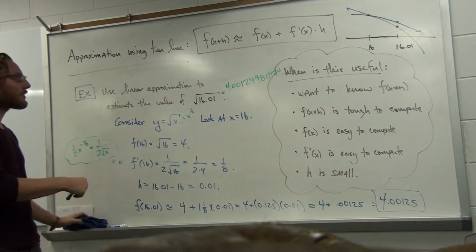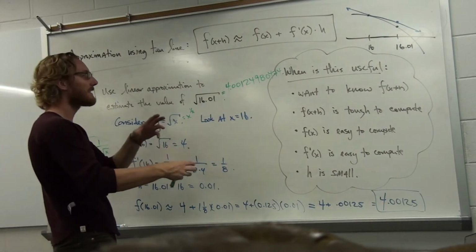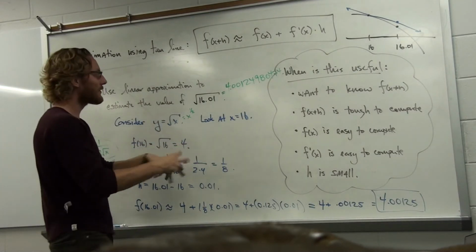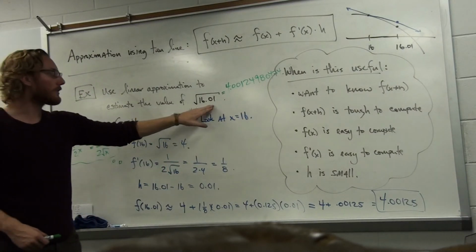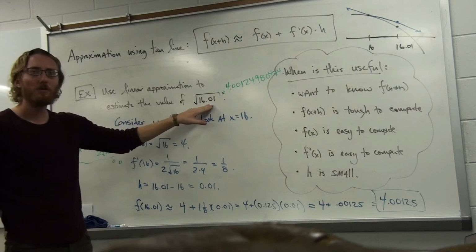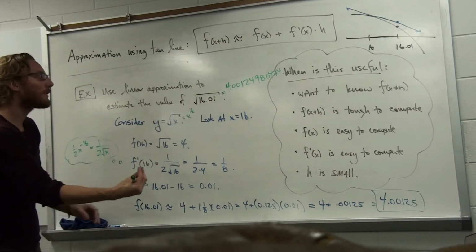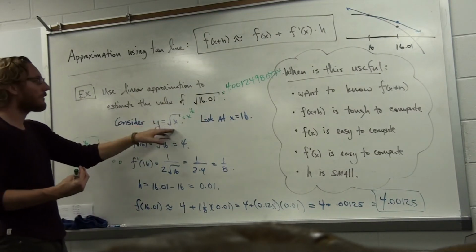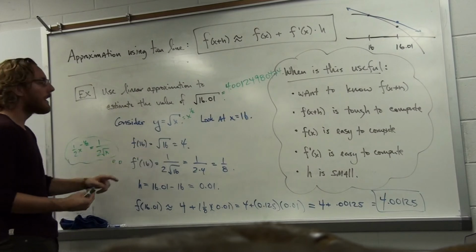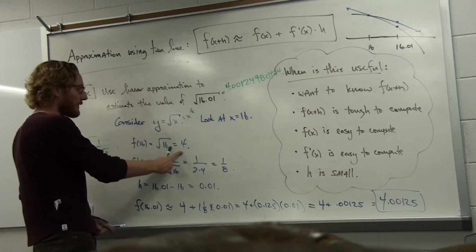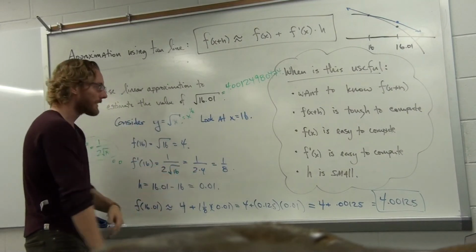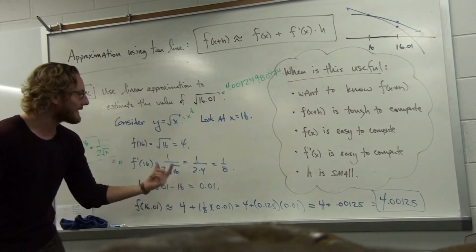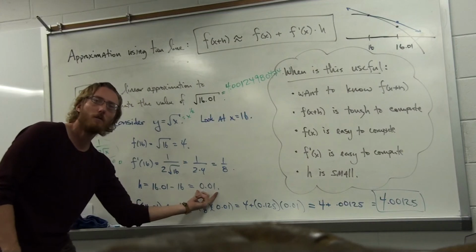And the computation was a lot easier than trying to guess and check, and guess and check, and guess and check. So, if you have a function value that you're trying to compute that's nasty, but you can move a little bit along the x-axis to get to a function value that's easier to compute, compute the easier function value. Compute the derivative at that point. So now you have the slope of the tangent line. And then move along that tangent line however many units you need to move along the x.